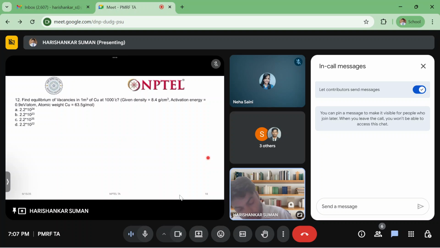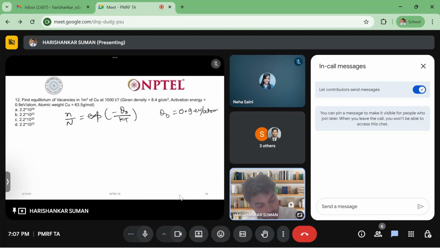Let me tell you the formula: N by n equals exponential of minus Q over kT. Q activation energy is already given in electron volt per atom, and temperature is given.